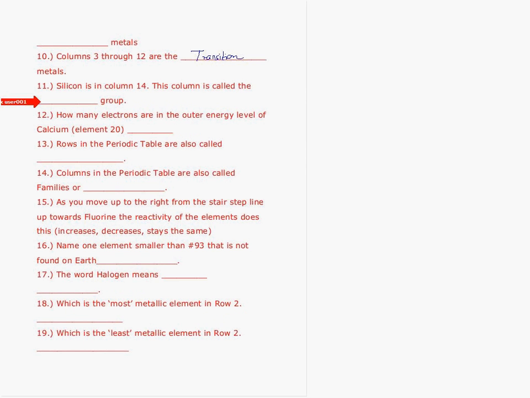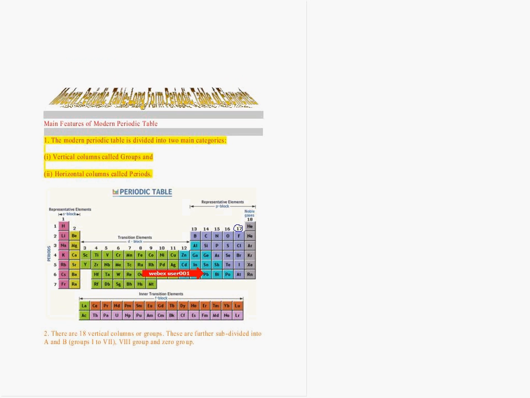We call it carbon group, or you can say carbon family. Which group is it? To tell the group, what will you say? Like this is group 1, this is group 2, this is group 3, 4, 5, 6, 7, 8.